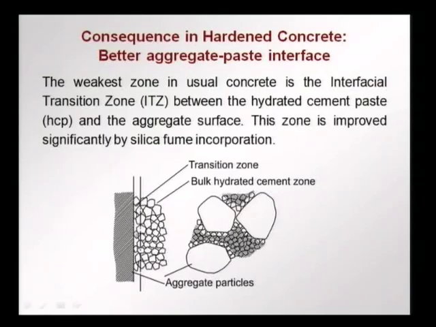This is now filled with the silica fume and we do not get a weak or poor interface. Again, you see this here, that generally we would have a weak region along the interface, and with silica fume we fill up the interface and we have a more homogeneous and a stronger interface.